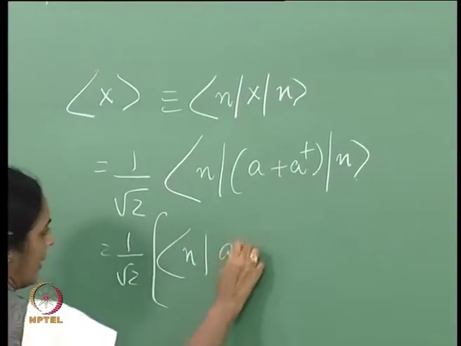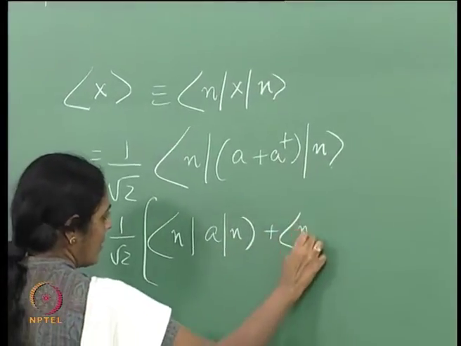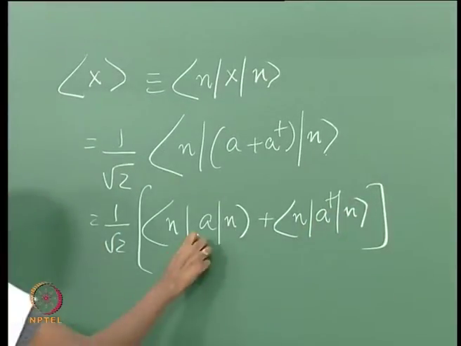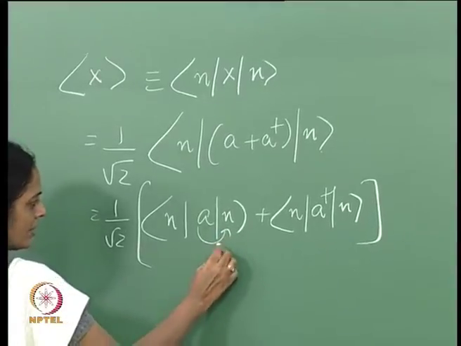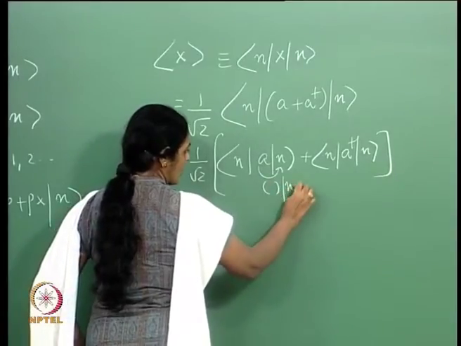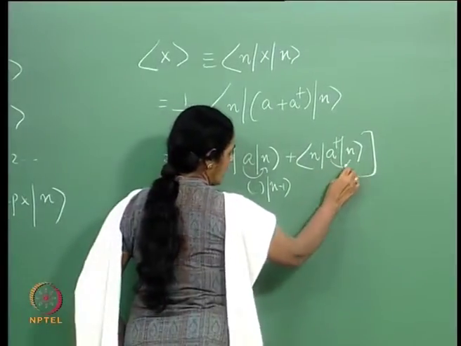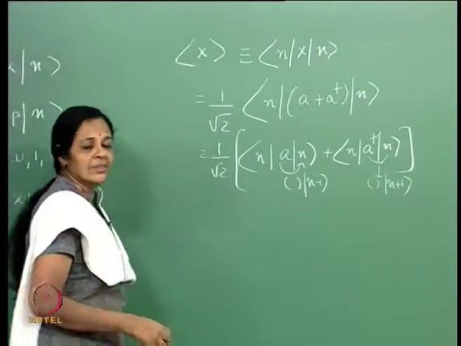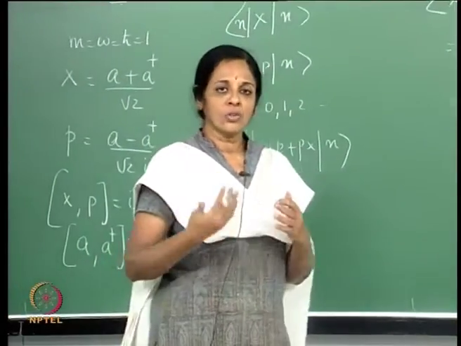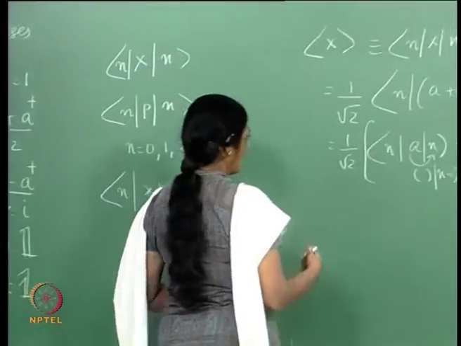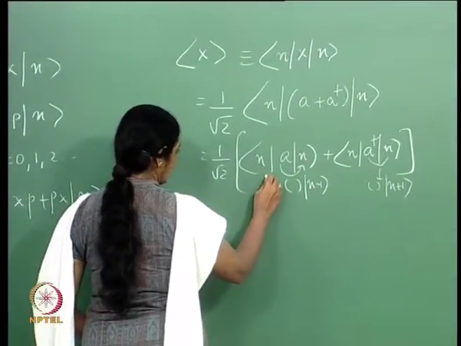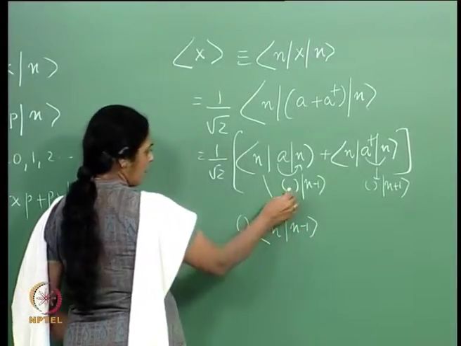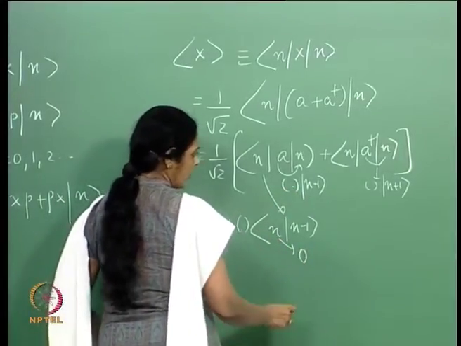That is simply n a n plus the expectation value of a dagger in the state n. a takes the state n apart from some coefficient to the state n minus 1, and a dagger takes it apart from a coefficient to the state n plus 1, but the states are orthonormal, they are orthogonal to each other, and therefore this would simply be n with n minus 1 apart from this coefficient, and therefore this is 0.